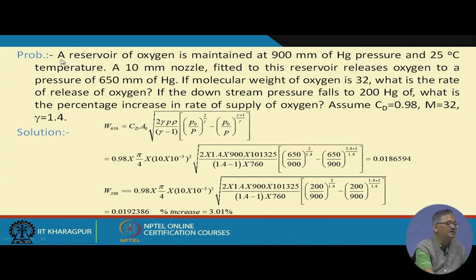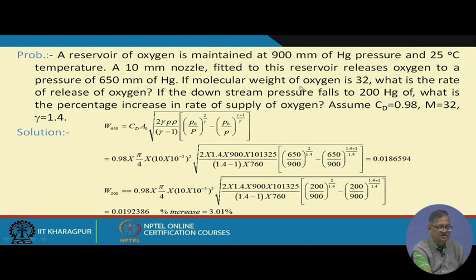I repeat, a reservoir of oxygen is maintained at 900 millimeter of mercury pressure and 25 degree centigrade temperature. A 10 millimeter nozzle fitted to this reservoir releases oxygen to a pressure of 650 millimeter of mercury.